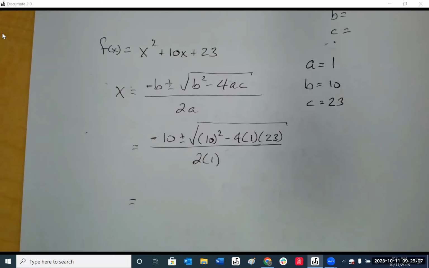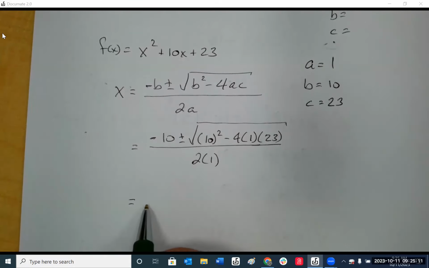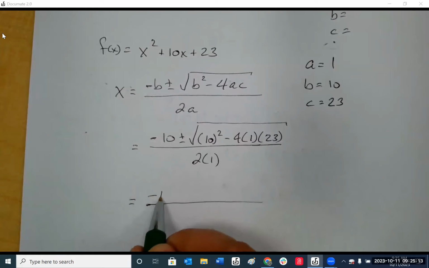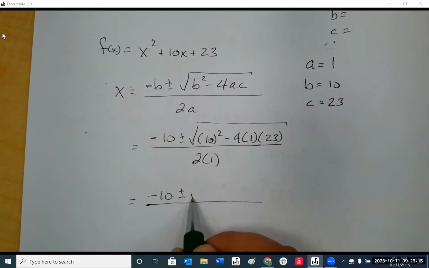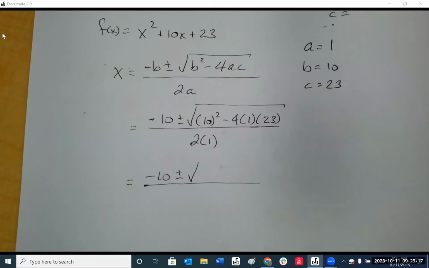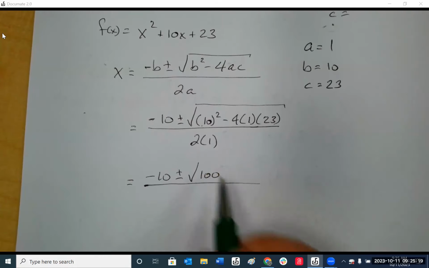Now you see the beauty of the quadratic formula. All it is once you plug it in there is just math. Do inside the square root first. 10 squared is 100. 10 times 10.